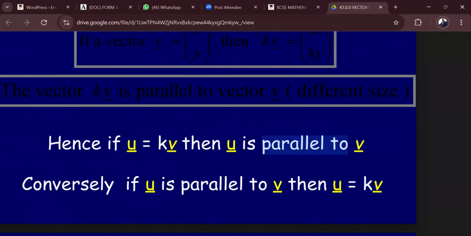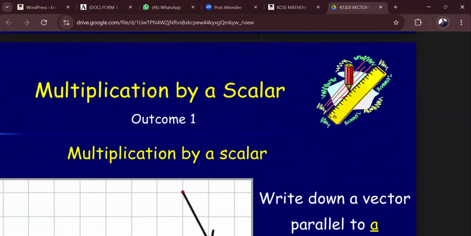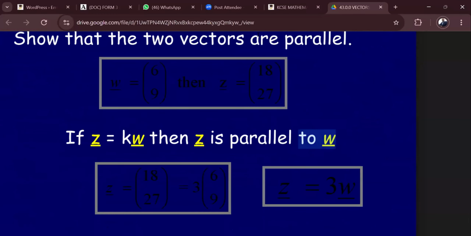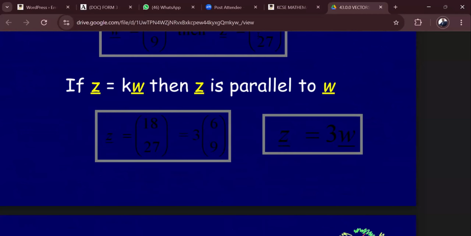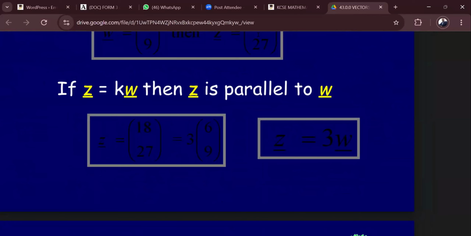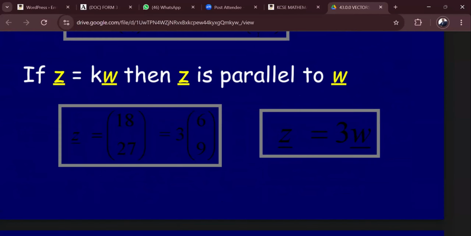Multiplication by a scalar: you just multiply, like opening brackets, with whatever is given. If it's 2, you open with 2. If it's 3, you open with 3. For example, if Z is 6, 9, then 3Z, you can't multiply the X only.